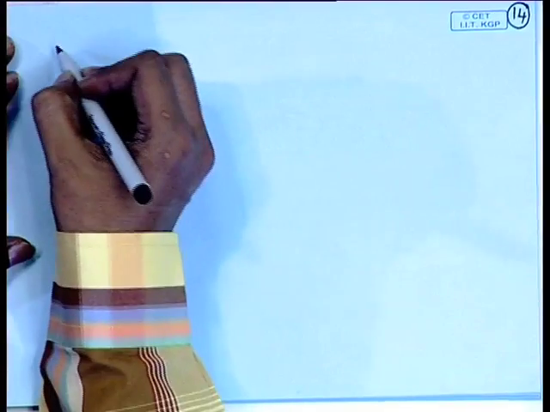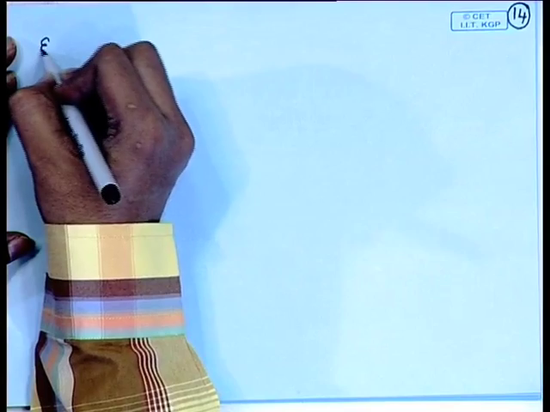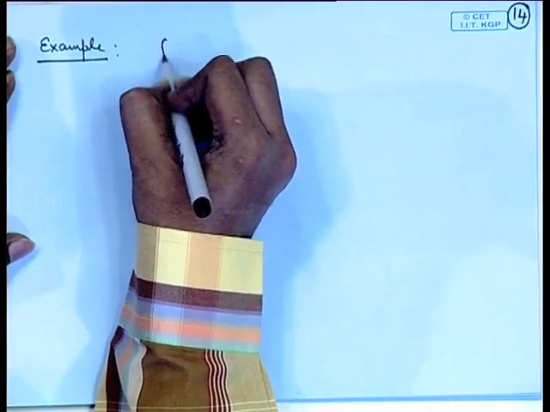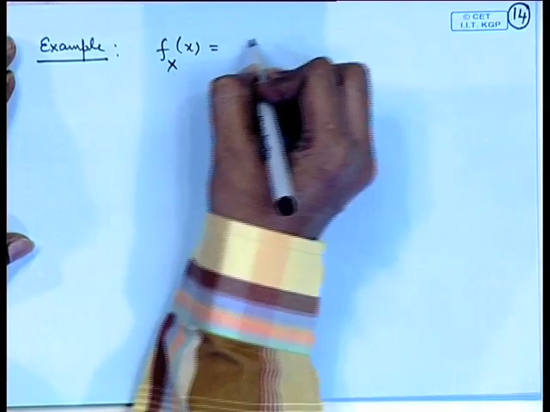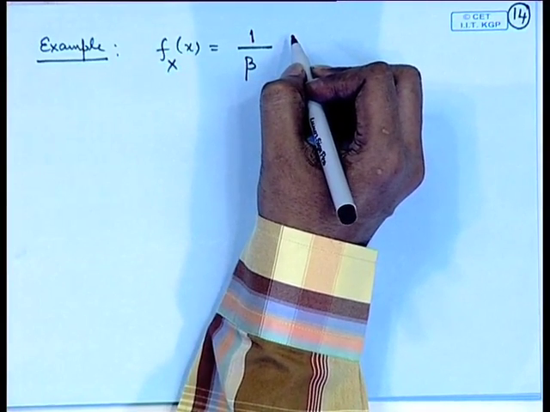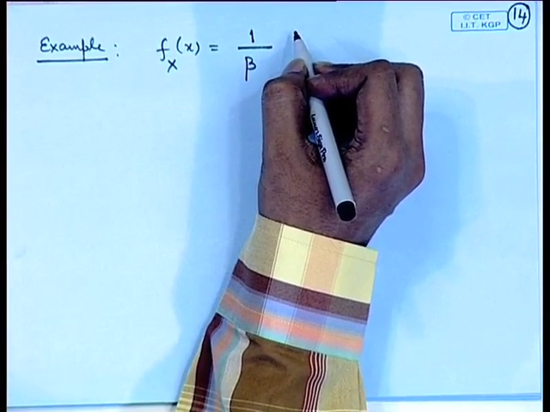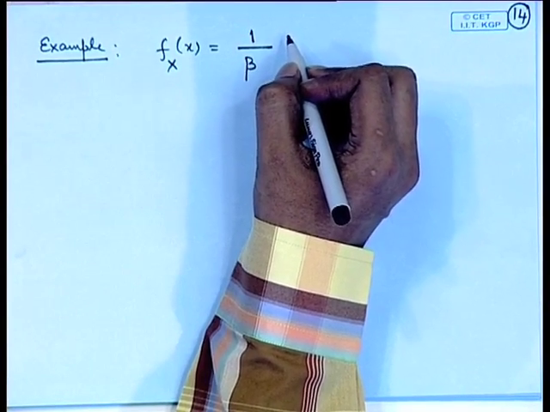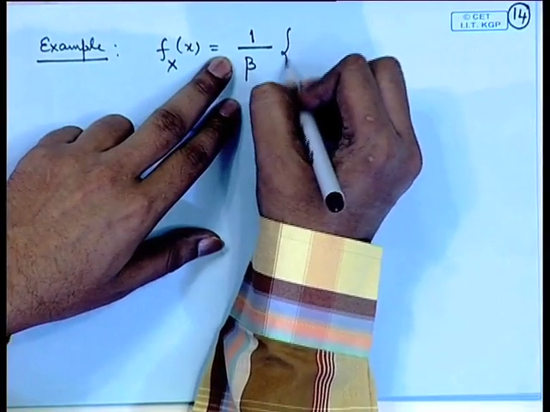Let us look at some examples of calculation of certain distributions and the moments and other characteristics that we have discussed so far. So, let us consider one example. Let x be a continuous random variable with the probability density function given by 1 by beta, 1 minus modulus of x minus alpha by beta.